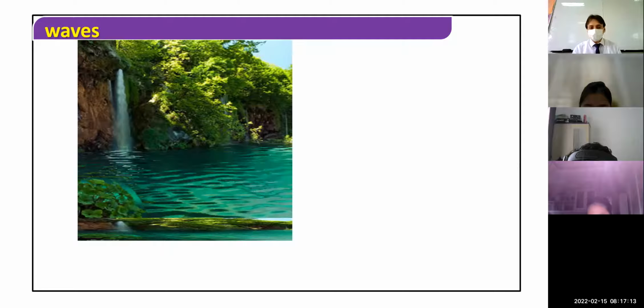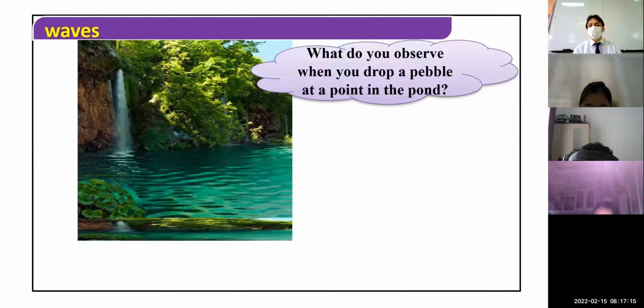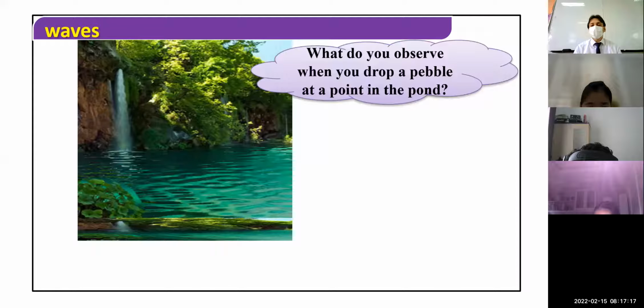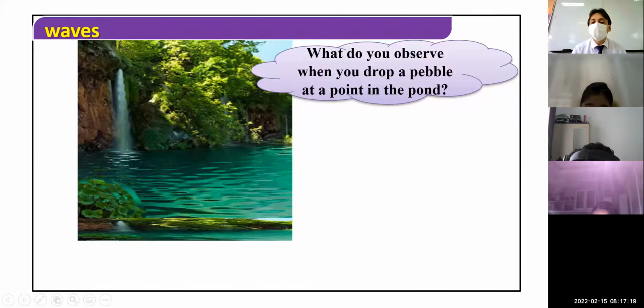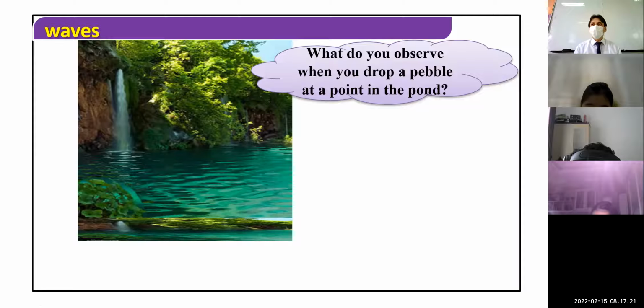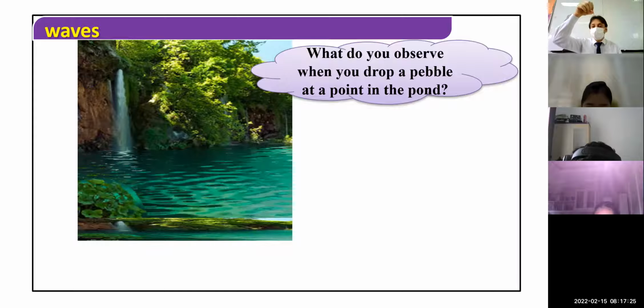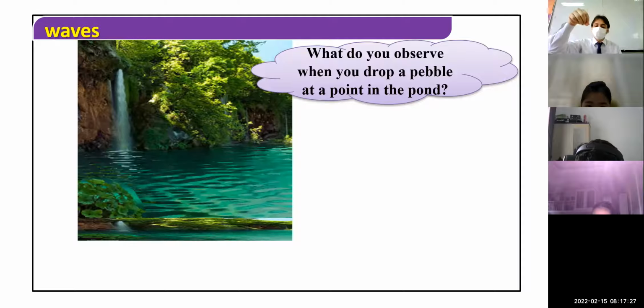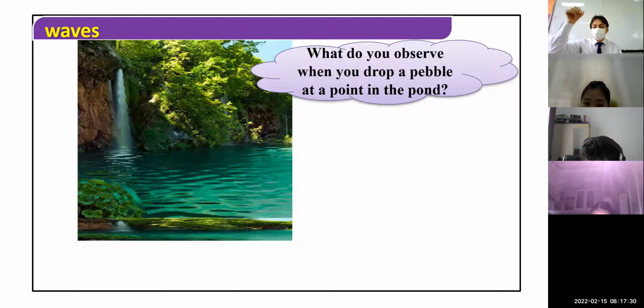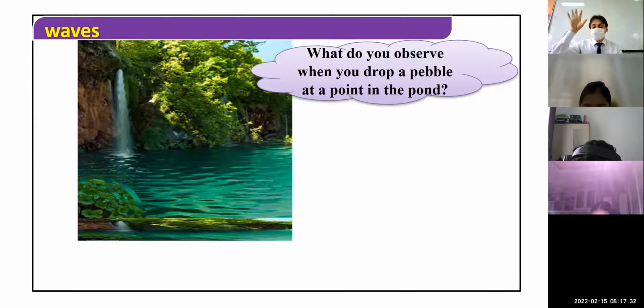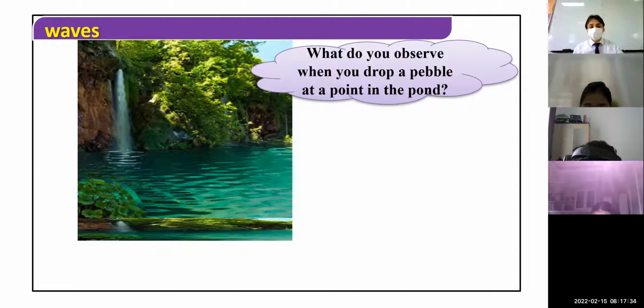My question is, what do you observe when you drop a pebble at a point in the pond? If you drop a small stone in a swimming pool or in a pond, what happens there? Please observe in this picture.